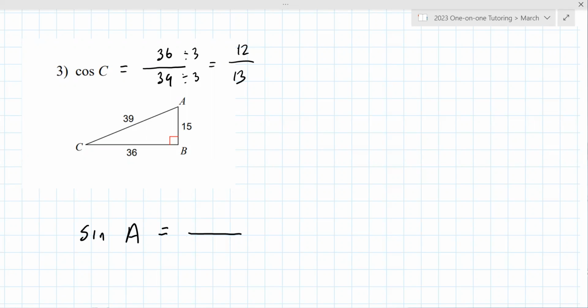We know about sine A is that it's opposite over hypotenuse. Okay, so what is opposite to A? The opposite to A is 15/39. That is not correct. Try again. Here's A. Which is opposite? 36/39. Yes. Can you reduce this for me? Yes, it's 12/13. Very good.